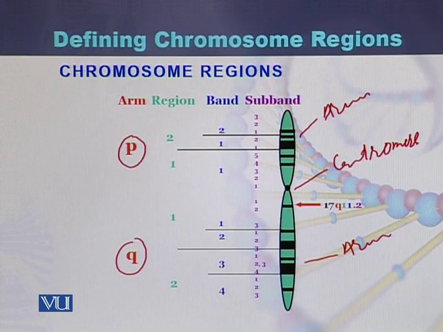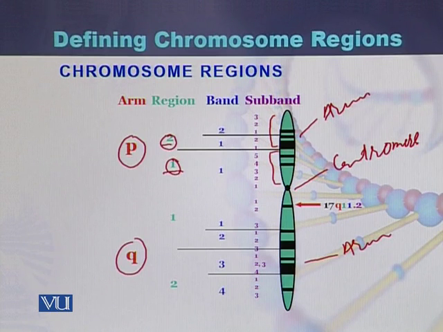Each of these arms has regions. The larger fragments which are present on the P arm will be written as region 1 and region 2. We can say that this region can be written as 1 and this region of the chromosome can be written as 2, region 1 and region 2.